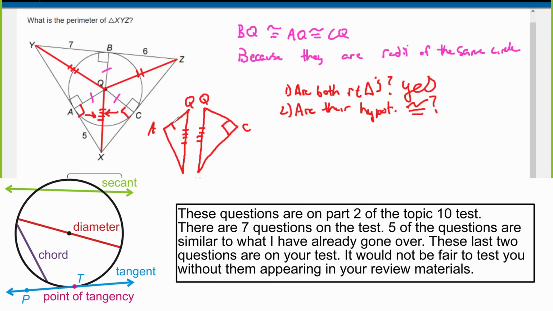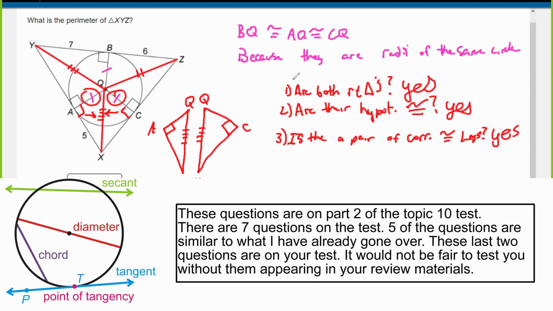Let's go ahead and put this in here, make it even easier to see. So then that's a yes. And then our third question is, is there a pair of corresponding congruent legs? And the answer to that is yes. And that's right here for the radii that we have. So now we know these two triangles are congruent by the hypotenuse-leg theorem.